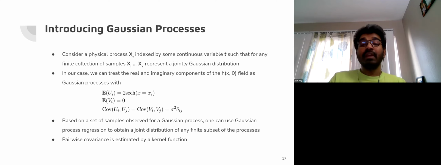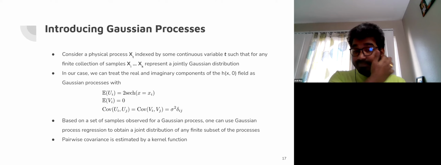So essentially, treating this entire ensemble as a set of Gaussian processes can give us interesting insight on how we can go about managing these error propagations across later time slices. And what we can think of instantly is allowing a Gaussian process regression to obtain a joint distribution of any finite subset of the process.